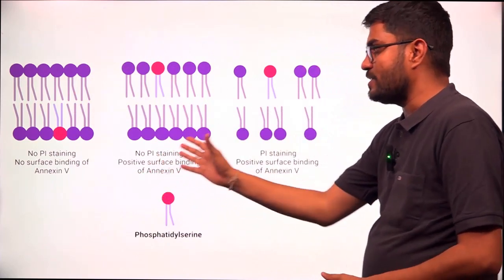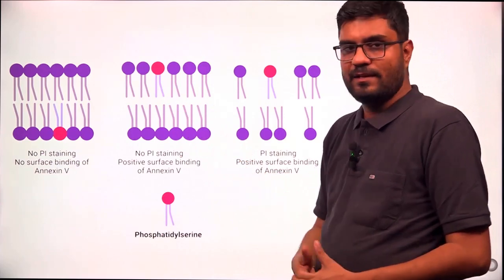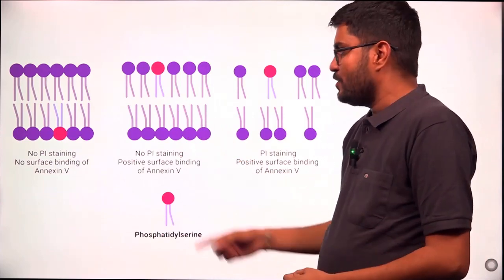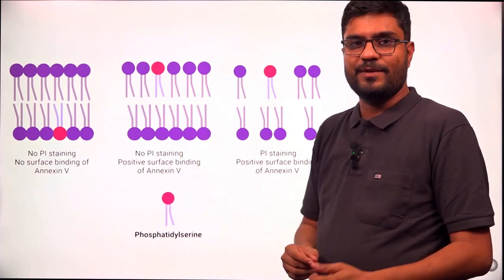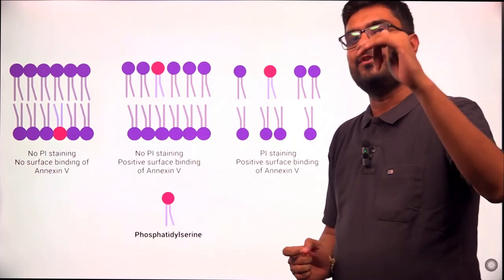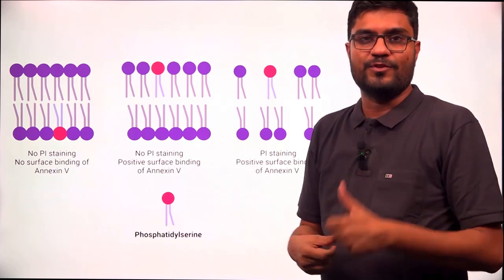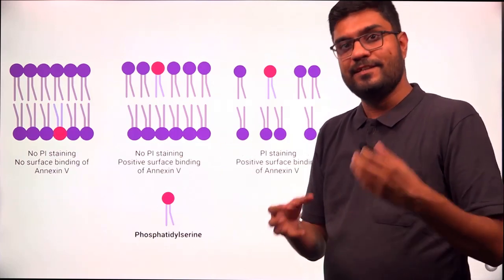Now once the apoptosis starts, the membrane still has good integrity. So the PI staining will not occur because propidium iodide cannot go inside the live cell. It can go inside only in the permeable cell. But there will be positive fluorescence for Annexin-V binding. Reason?